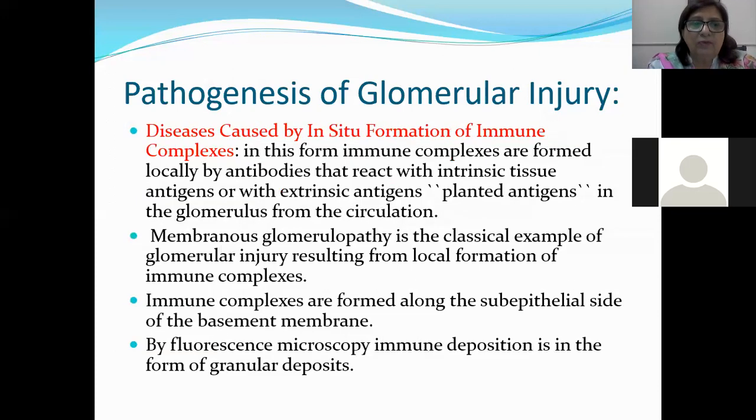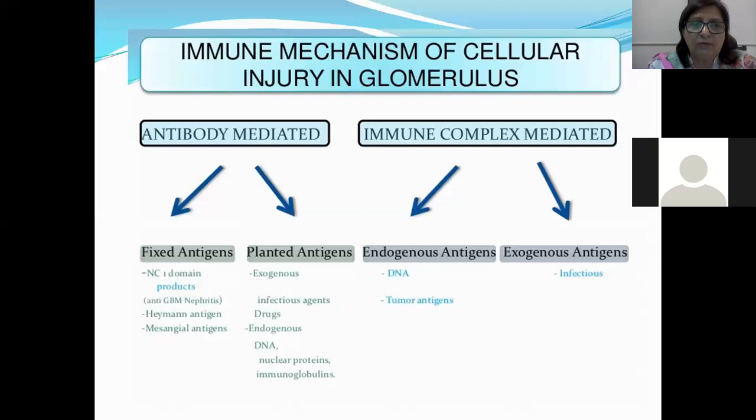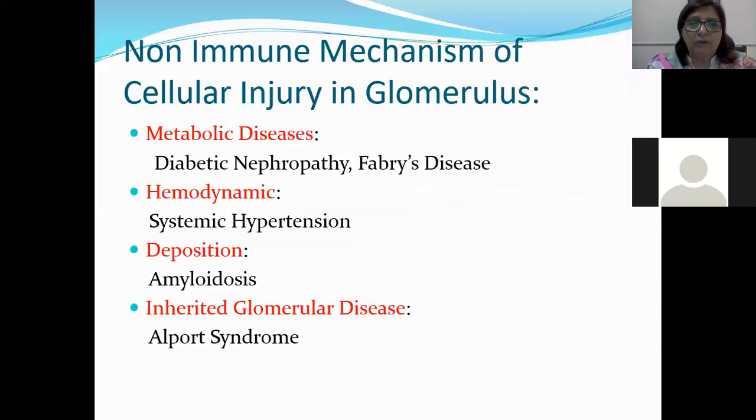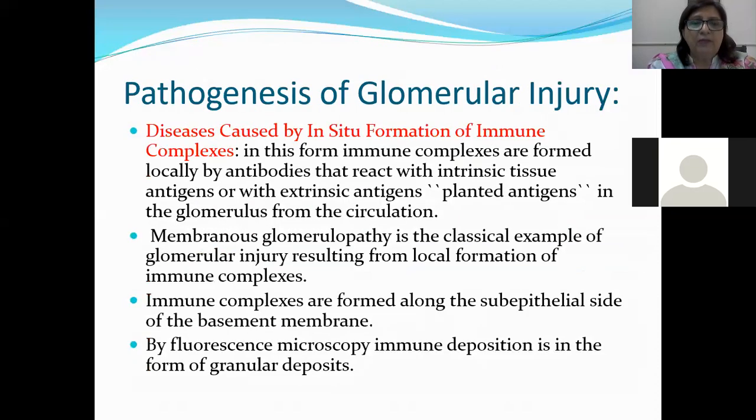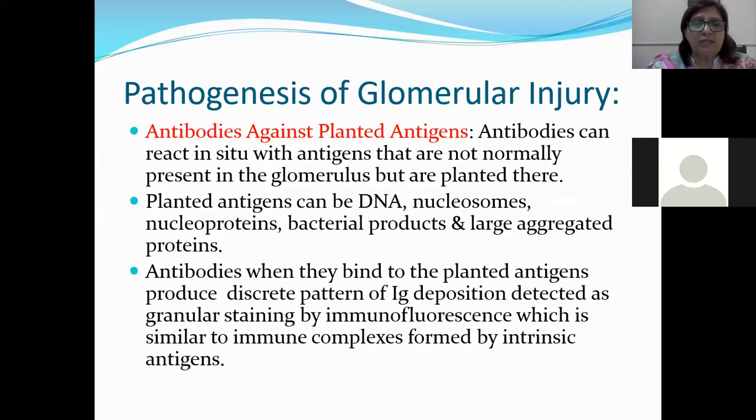So as I've told you, pathogenesis is immunologically mediated. I told you antibody and immune complex mediated. Then I told you non-immunological injury, which I've given you in this chart. And then pathogenesis involves antigens and antibodies. Antigens can be intrinsic antigens or extrinsic antigens. The antibodies formed against both of them will produce a granular pattern.